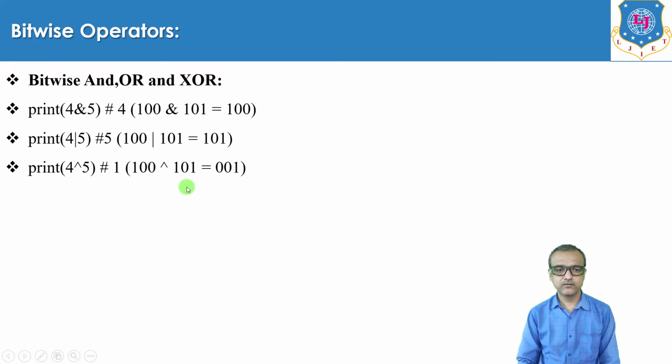Now 0 XOR 1 is 1, as both are different bits. 0 XOR 0, the result is 0 as both bits are the same. Then 1 XOR 1, the result is 0 as both bits are the same. So the output is 001. The decimal equivalent of 001 is 1. This is how bitwise AND, OR and XOR work.